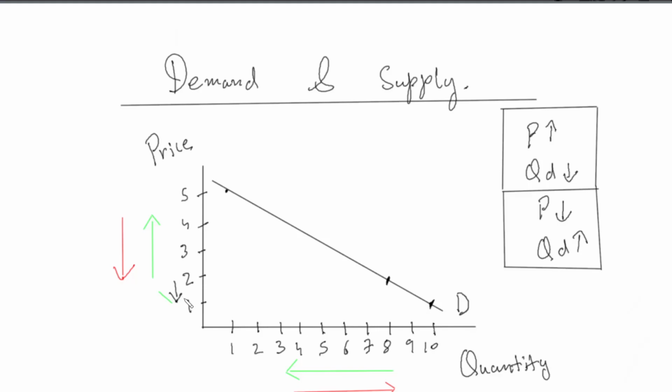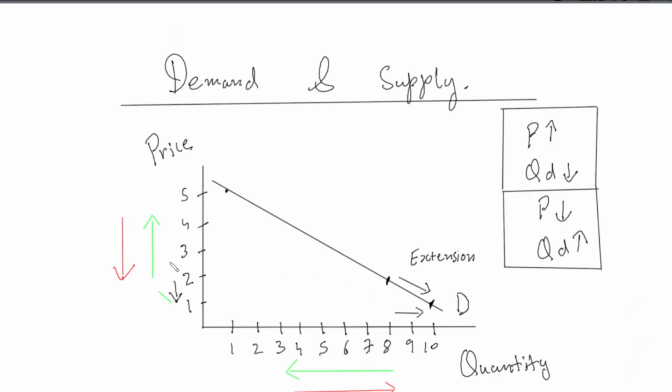If the price went down from $2 to $1, the quantity demanded would increase from 8 units to 10 units. This is called extension in demand. We call it extension of demand when the quantity demanded increases as a result of a decrease in price.